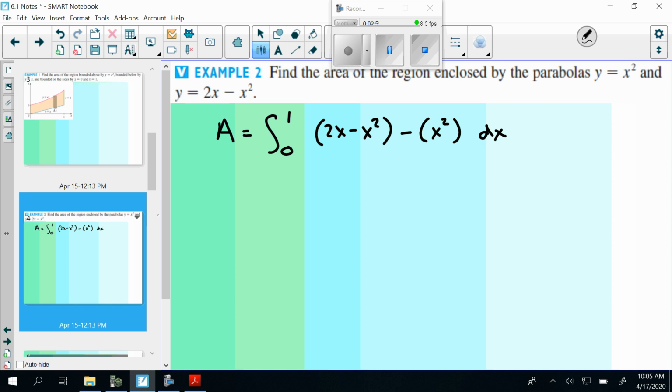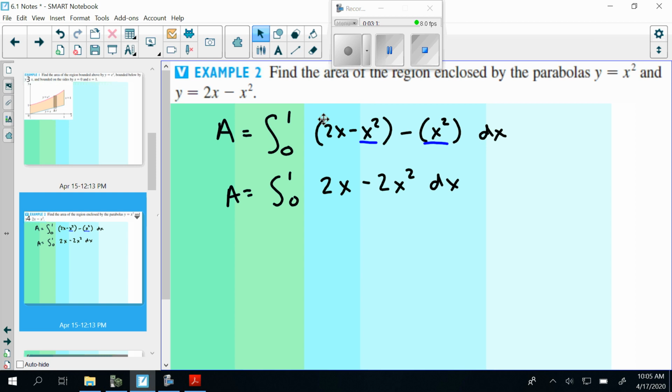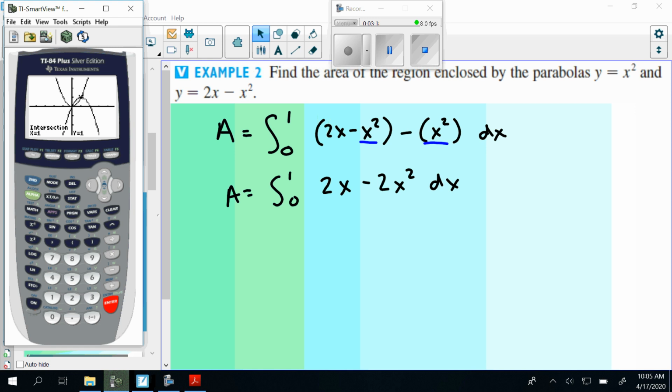We can certainly simplify this down to 2x, and we have a negative x squared minus another x squared, so that would be negative 2x squared. Now we know we can do the antiderivative and solve that, and this one's not that hard. But you can do integrals on your calculator too, and I'm going to show you how you can do definite integrals.